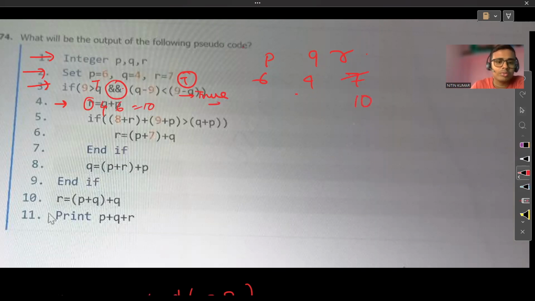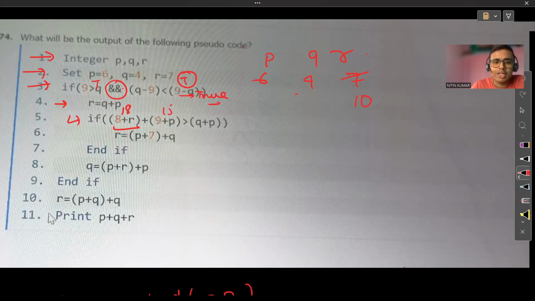Again, going down, the condition is written. Again, an if condition is written inside the if condition. Now I have to check whether this condition is true or not. If 8 plus R, the current value of R is 10, so this will be 18, plus 9 plus P, which will be 15, because the current value of P is 6.